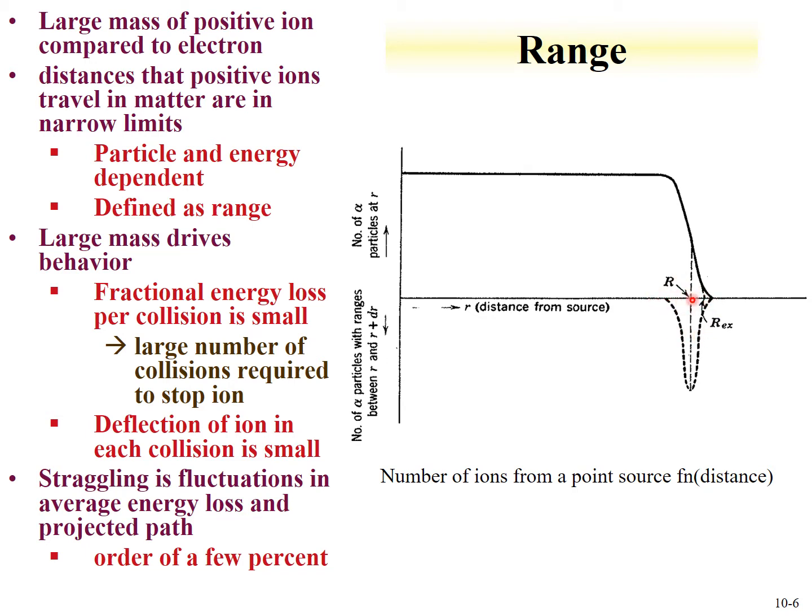The figure here shows the number of ions from a point source as a function of distance. So you say the number of alpha particles at a given distance r decreases, and the number of alpha particles with ranges between r and r plus or minus a small amount. You see that most of the alpha particles will get deposited, for a given energy, in a small region.